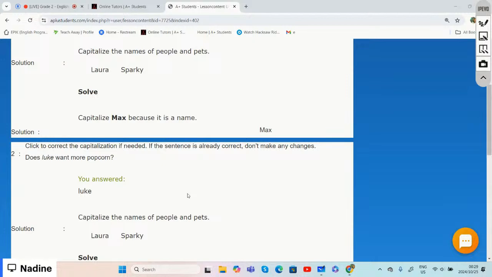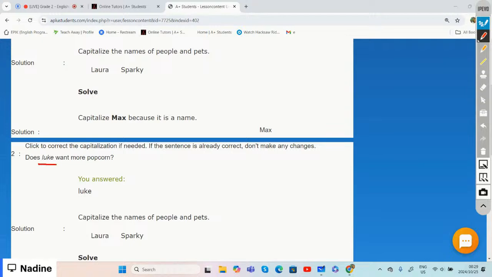If we choose the word that needs to be capitalized, then it says, does Luke want more popcorn? Yes, from lowercase to capitalized. Well done.